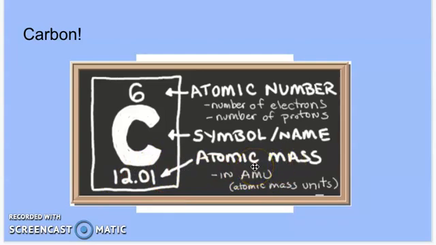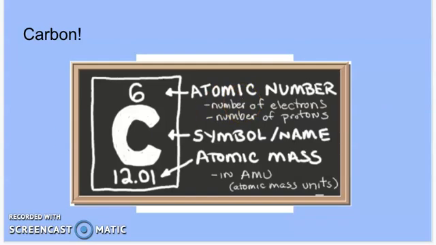So how we just counted those protons and neutrons, that number is right here. Up here, you have your atomic number. This is going to be your number of protons and your number of electrons.